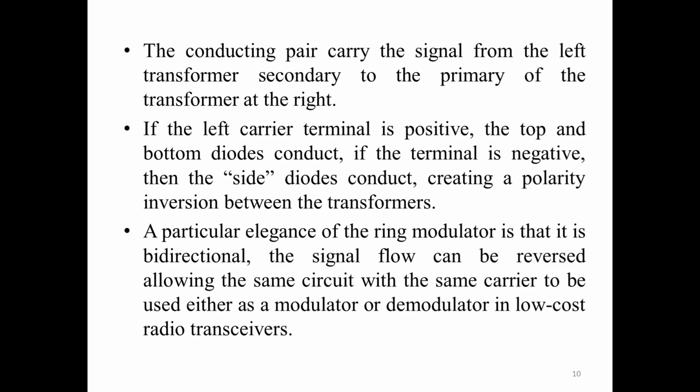If the left carrier terminal is positive, the top and the bottom diodes conduct. If the terminal is negative, then the side diodes conduct, creating a polarity inversion between the transformers. A particular elegance of the ring modulator is that it is bidirectional. The signal flow can be reversed, allowing the same circuit with the same carrier to be used either as a modulator or demodulator in low-cost transceivers.